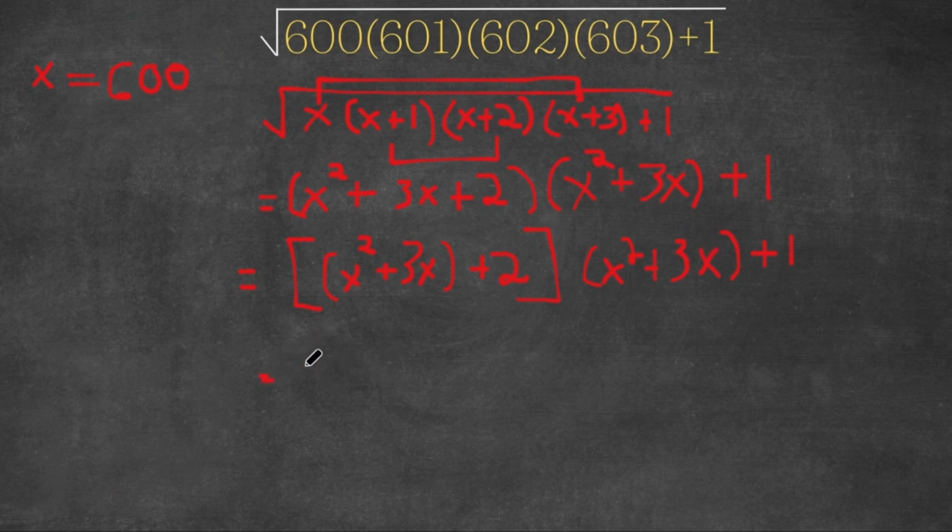So this equals x squared plus 3x, whole squared, because remember these two multiply, and we add this with 2 times x squared plus 3x, and we still have our plus 1.